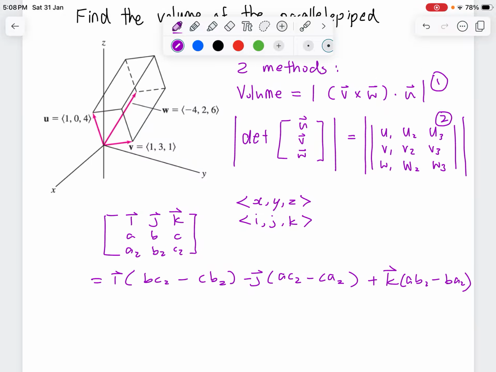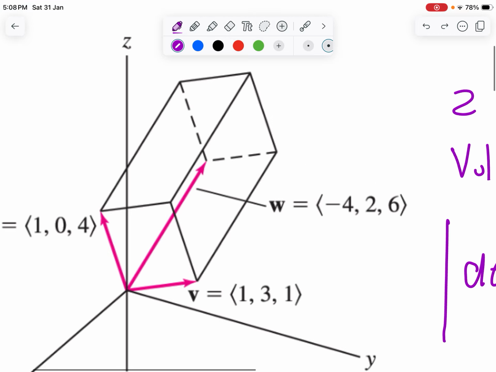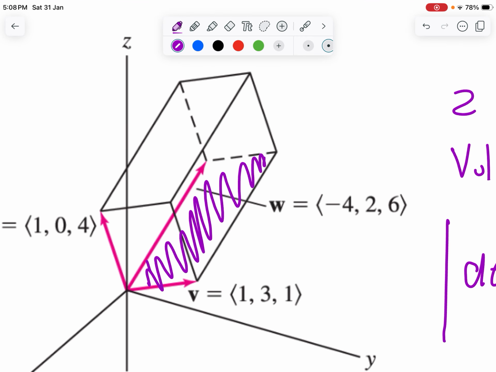So there's two methods we can do this. So let's try the first method. When it comes to assigning what v and w and u is, the order really doesn't matter. You can do it like u cross product with w and then multiply by v. The reason why we have cross product is if we think about just solving basic volumes, we usually want to calculate the area of the base and then times the height, right?